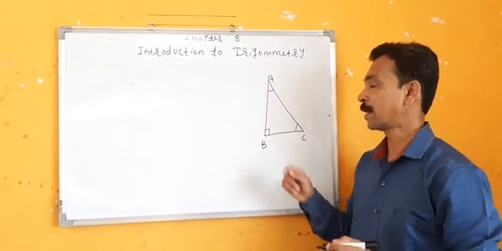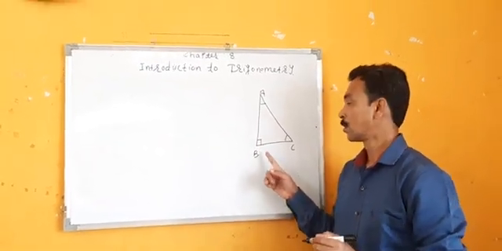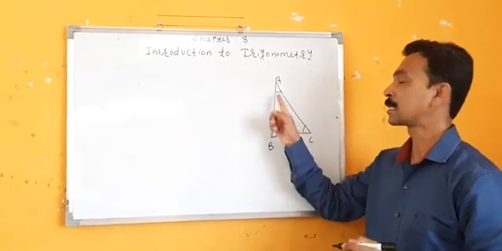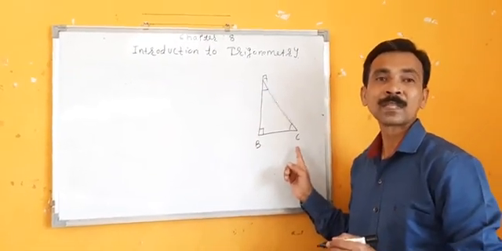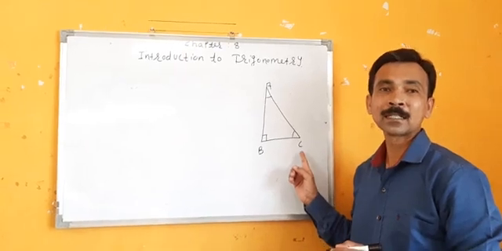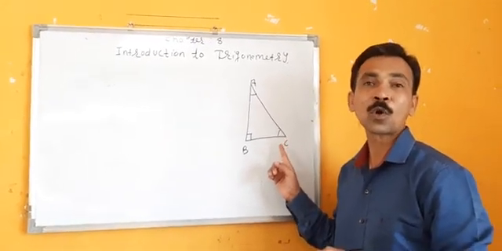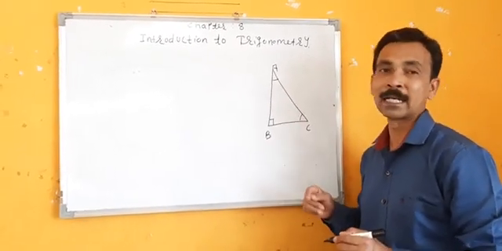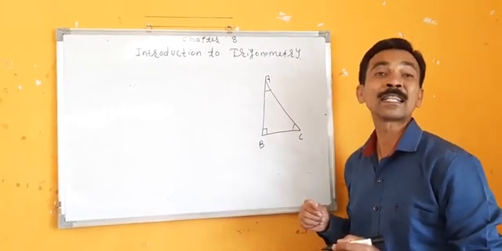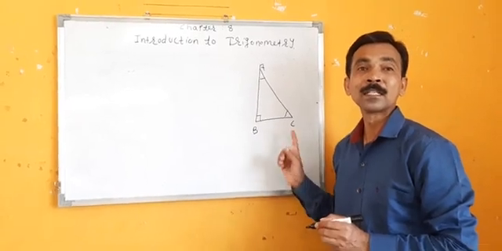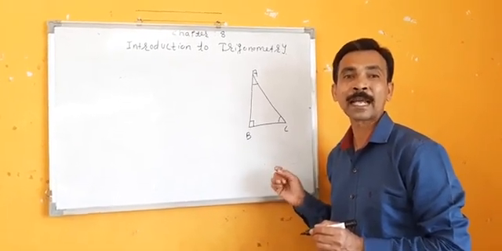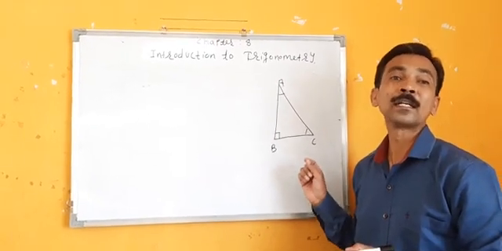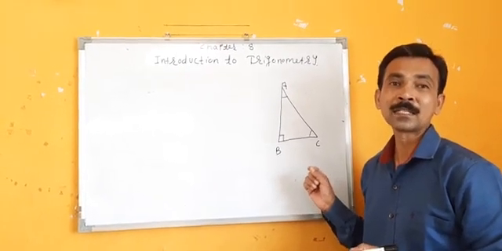So these two angles, angle A and angle C, are acute angles, and we have to find the ratios using these two angles. Acute angles here in this topic are called reference angles. Reference angles means which we have to use to find the ratio of the given sum.